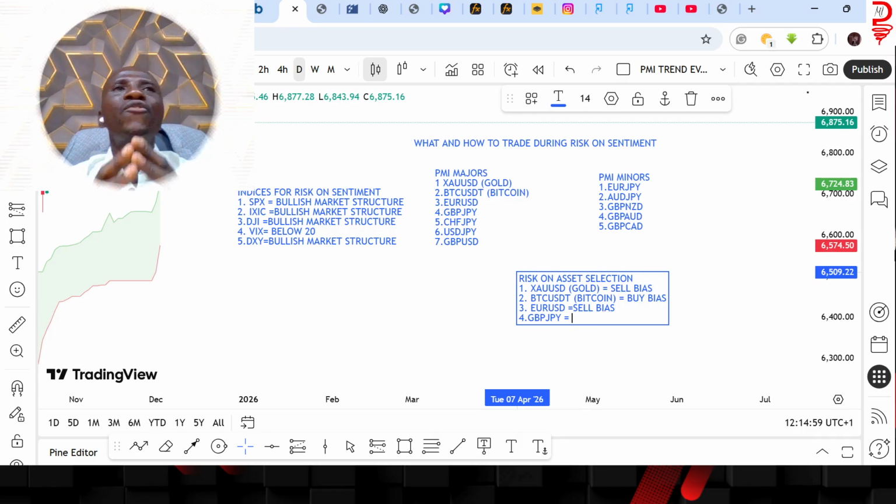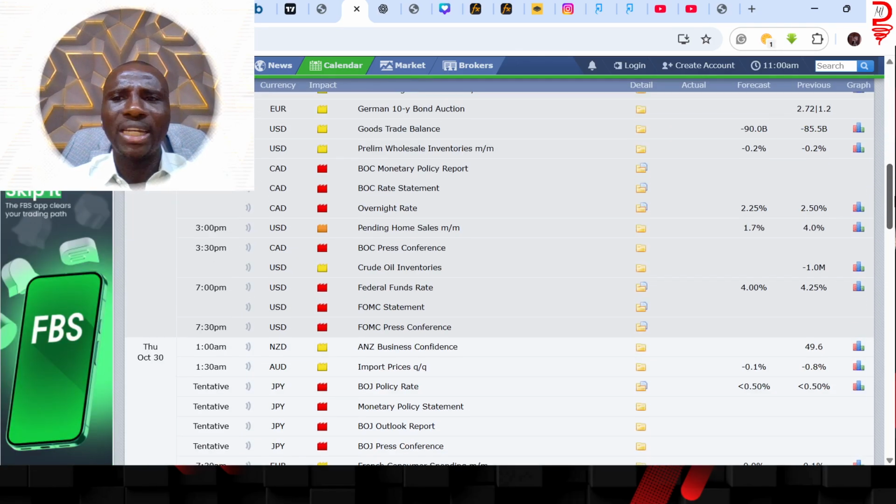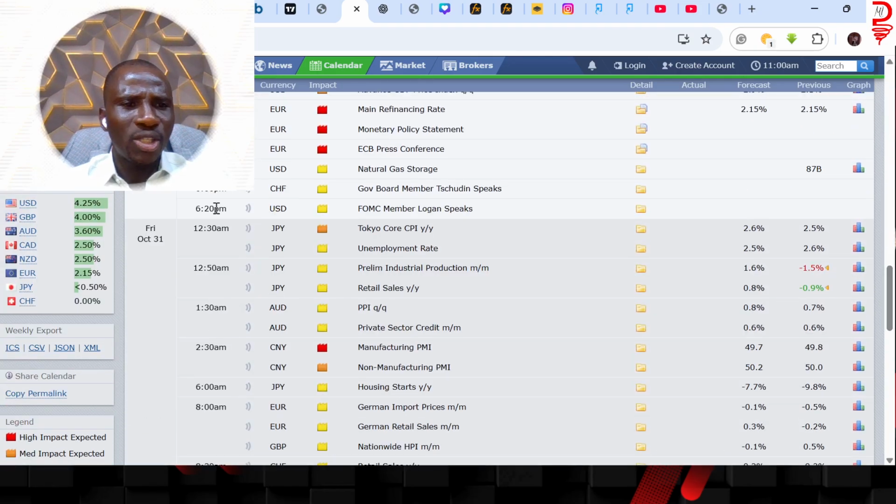And of course, if you look at the interest rate of GBP, which is 4%, and that of US dollar, which is 4.25, if I'm not mistaken, let me quickly check. Yes, you follow data if you want to trade. Currently the interest rate for US dollars is 4.25.